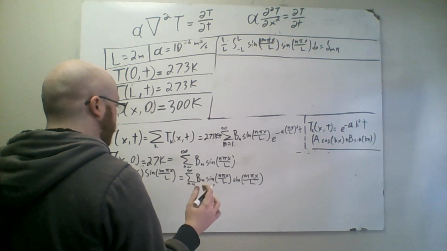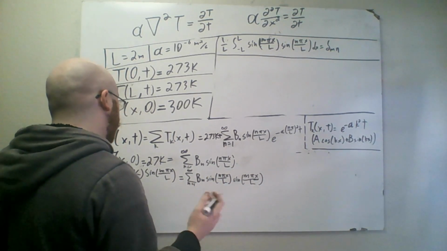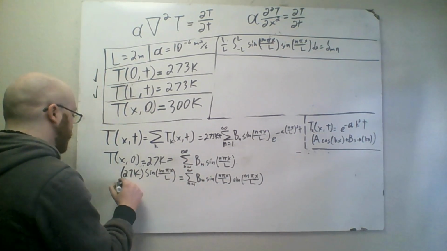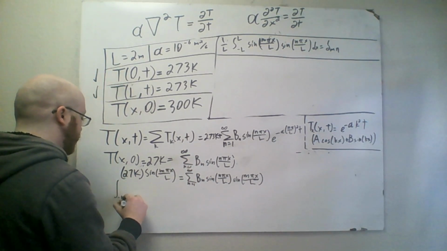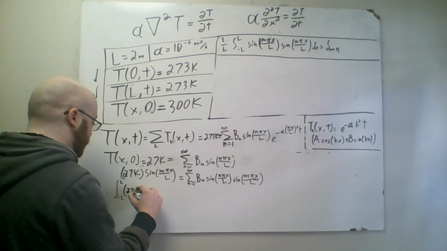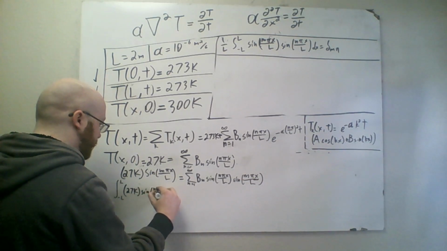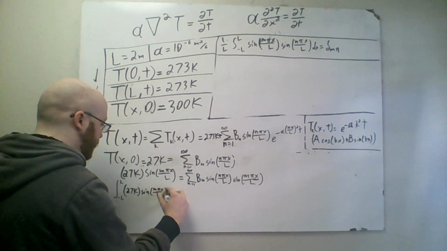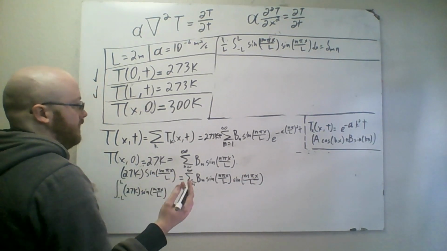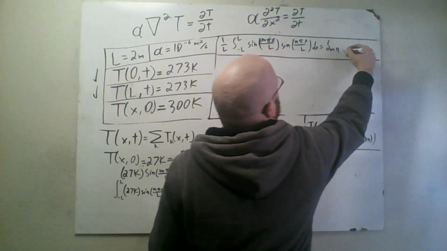I just put it in there, and you have to do some very technical rules to be able to switch it. But now, all we're going to do is we're just going to integrate from negative L to L. And m and n have to be integers, so I'll just write that.